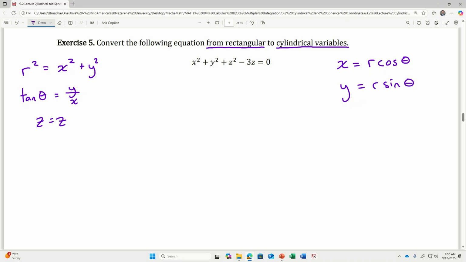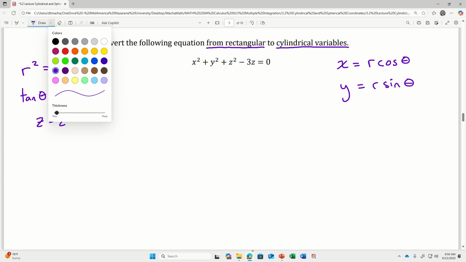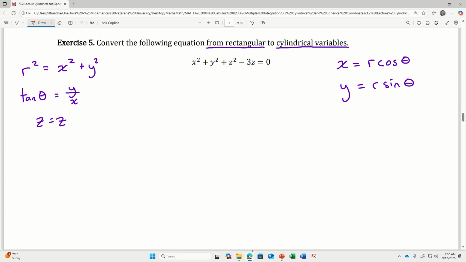And if I want to convert this equation from rectangular to cylindrical variables, it's pretty easy. My goal is to eliminate every mention of the variables x and y and replace them with r's and thetas. Z is okay, because z is still a cylindrical variable.